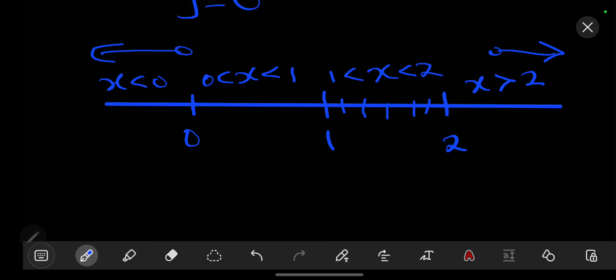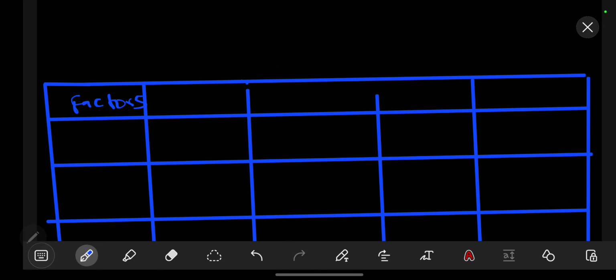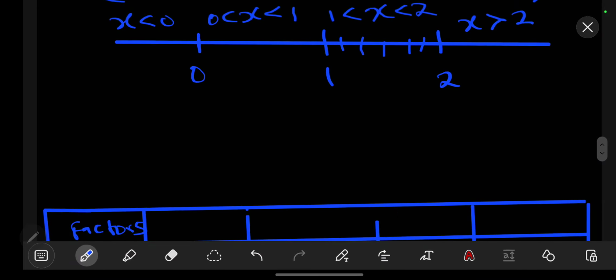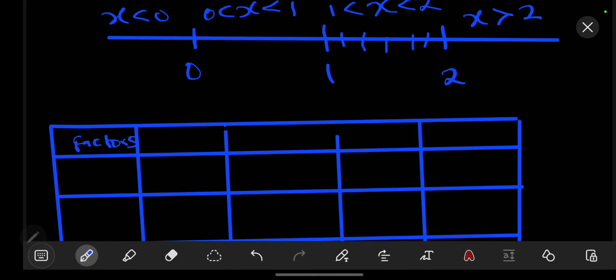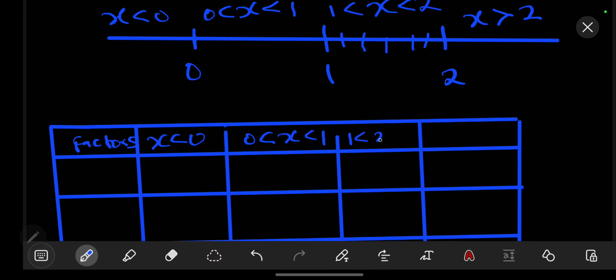So now with this, let's come up with a table. We should have factors on our table. We are going to have x is less than 0. We are writing our intervals. X less than 1. Then we have 1 less than x less than 2. Then we have x at this point greater than 2, like that.